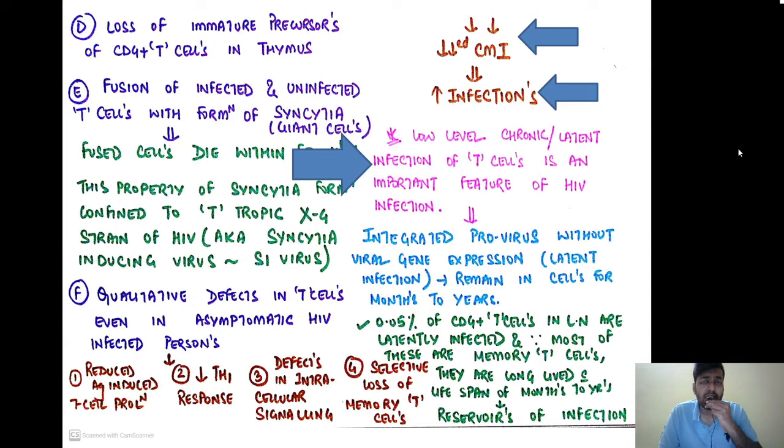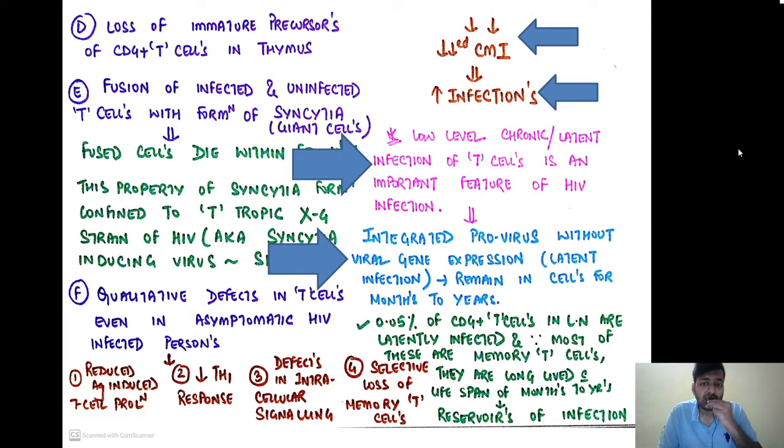Usually this provirus starts to replicate, transcribe and translate into viral proteins, and then there is viral budding. So there is viral replication over here. But sometimes the integrated provirus does not have any viral gene expression. That is called a latent infection. So the virus remains in these cells for several months to years and these cells remain inactive.